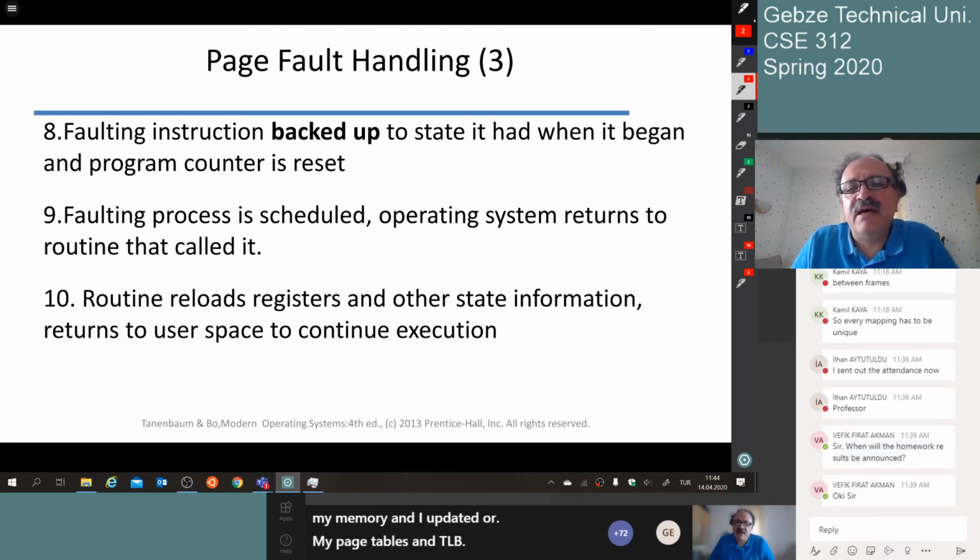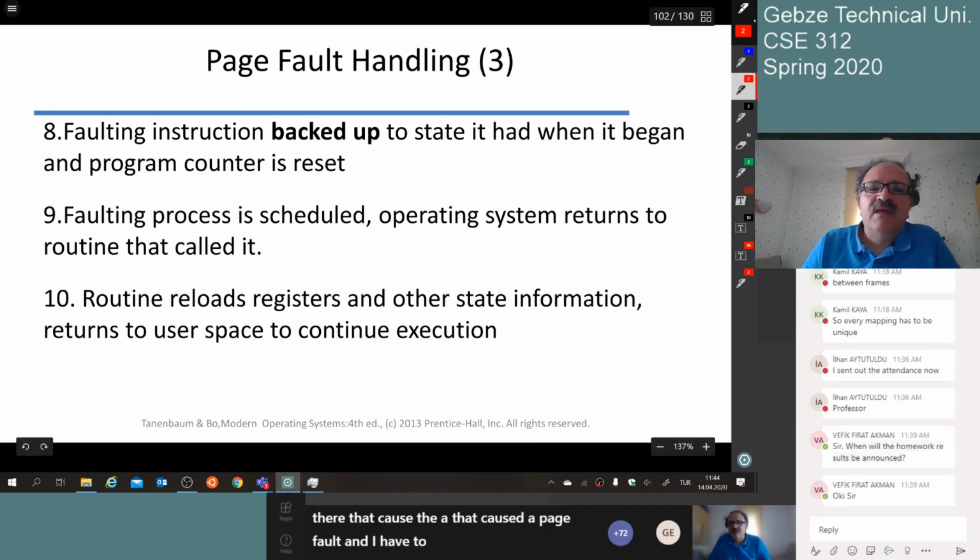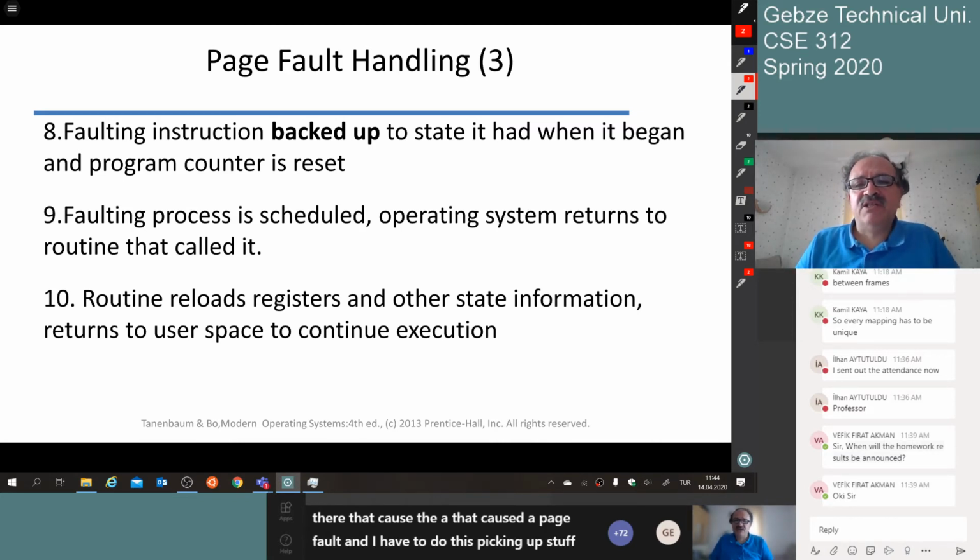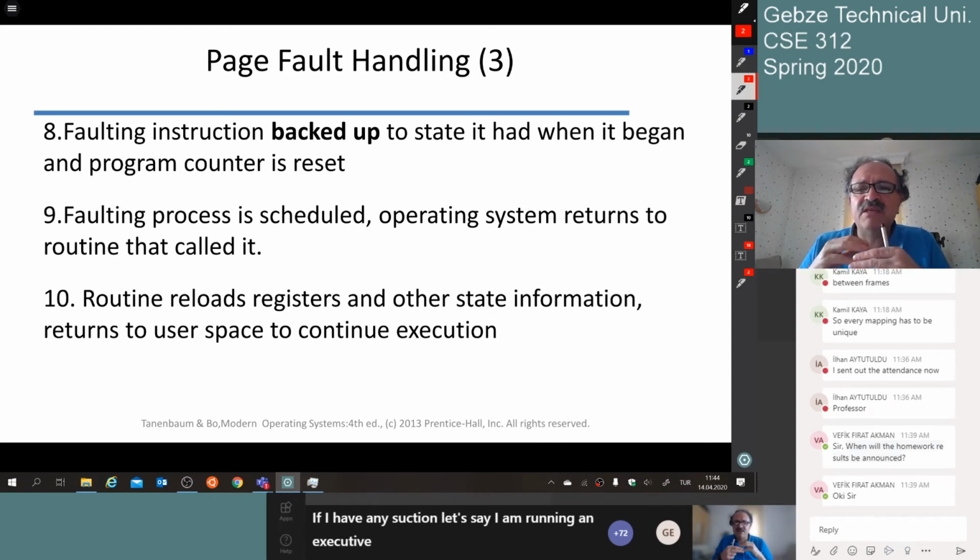And then I had to find the instruction that caused the page fault, and I have to do this backing up. Let's say I'm executing an instruction, and that instruction is making a few memory references. The page fault may come from the instruction being read itself, or it may come from the instruction trying to read or write to a memory location.